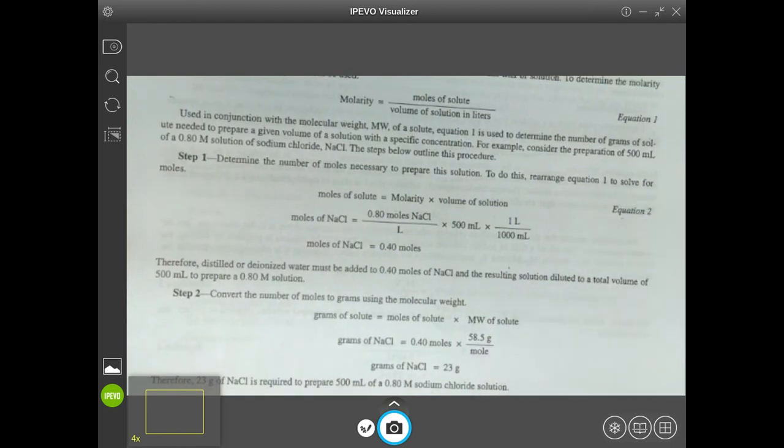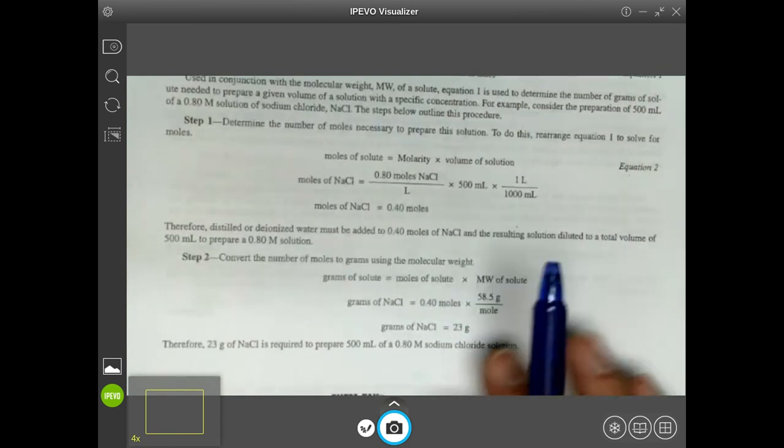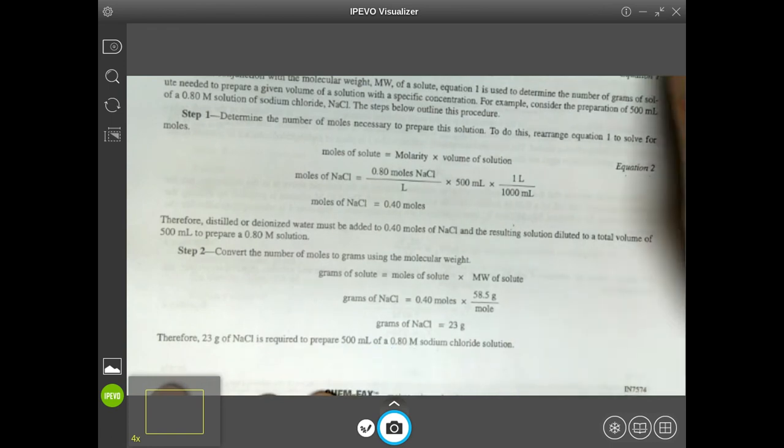Or luckily, the things that we use actually give it to us for most of the chemicals. Okay. So they go through all the math. They're just doing an example here, finding out how many grams of sodium chloride to prepare 500 milliliters of a 0.8 molar solution. Okay. All right.